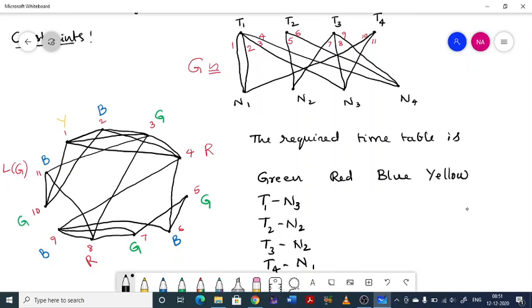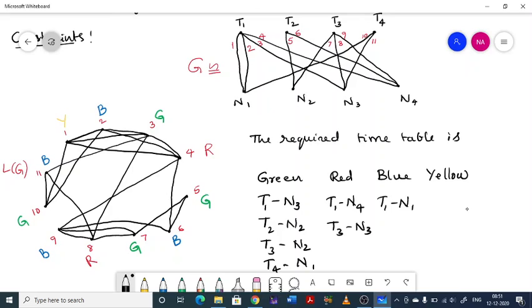Red means 4 is an edge between T1 and N4. Next, red is over, 8. Yes, there is one more, 8, it is an edge between T3 and N3. Red 2, right. Blue, 2 is an edge between T1 and N1.